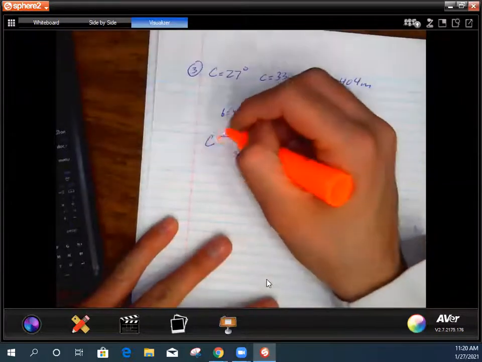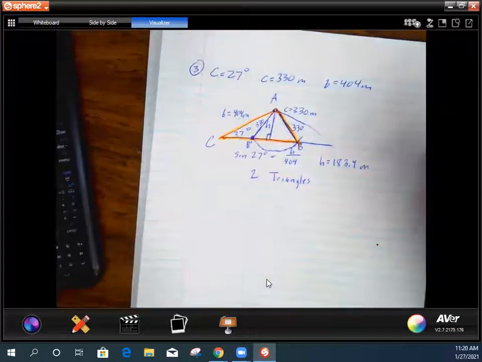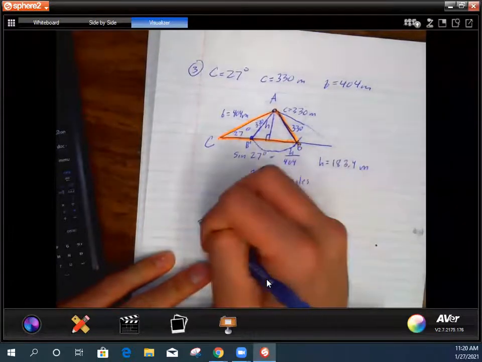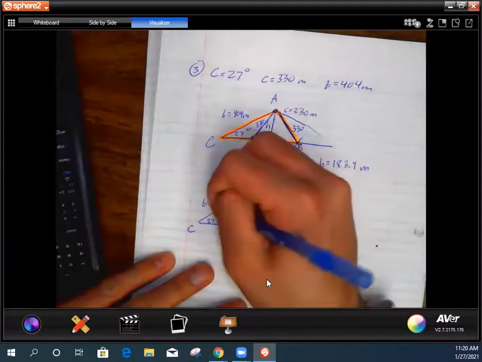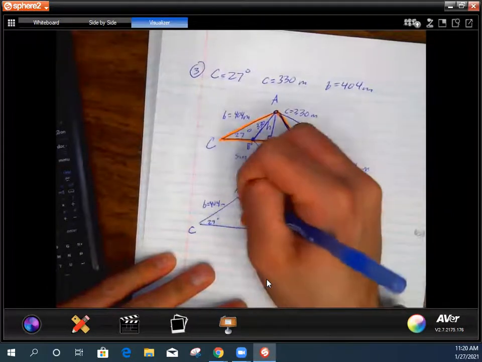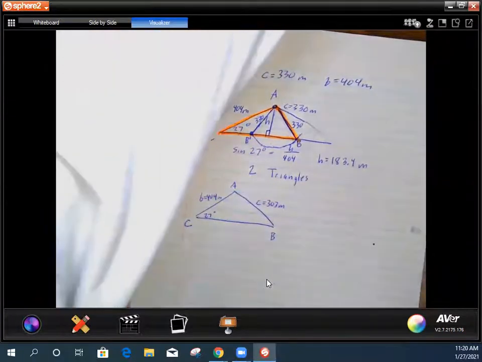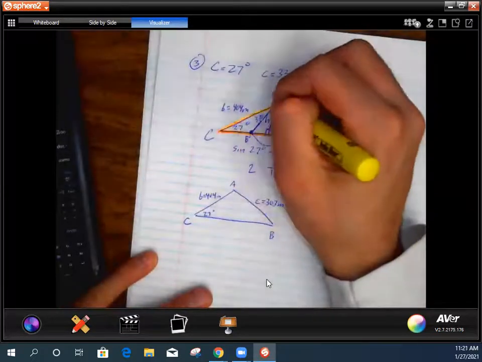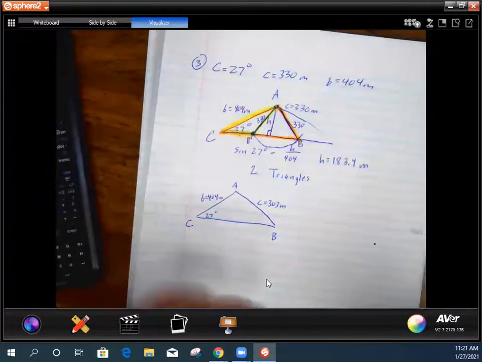So I have this triangle, CAB. It'll look like this. Okay, and then we also have this other triangle, CAB prime, that will look like this.